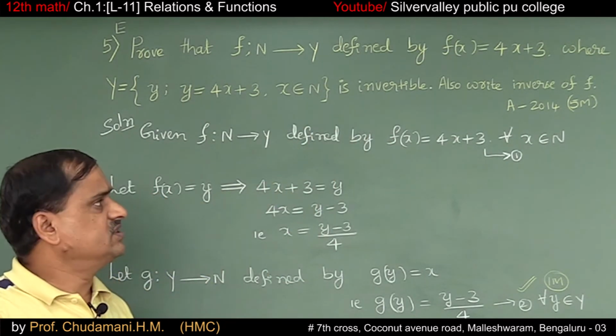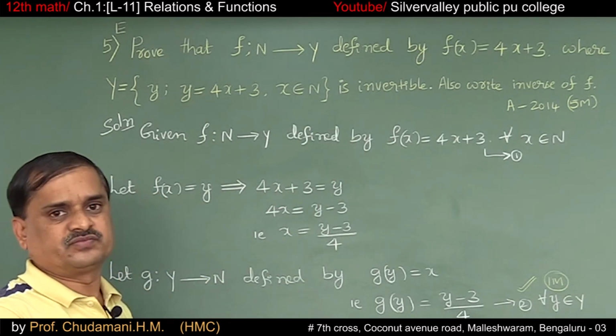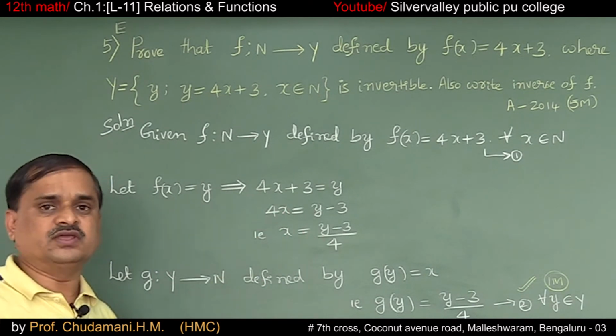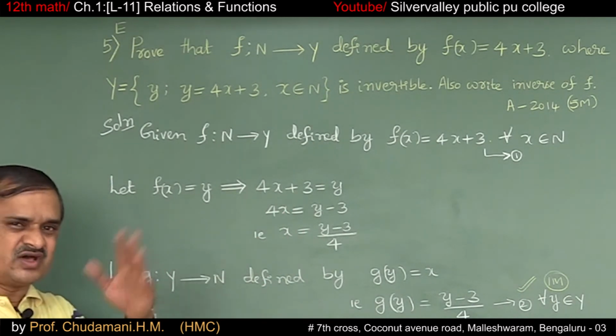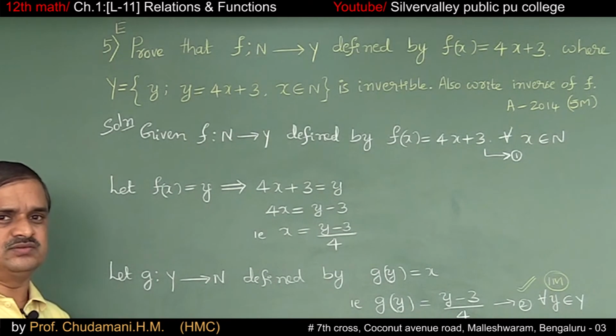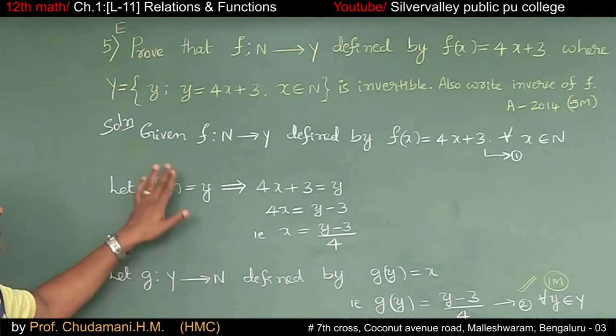Also write the inverse of F. Annual 2014, it appeared for 5 marks. It is almost same as the second question.